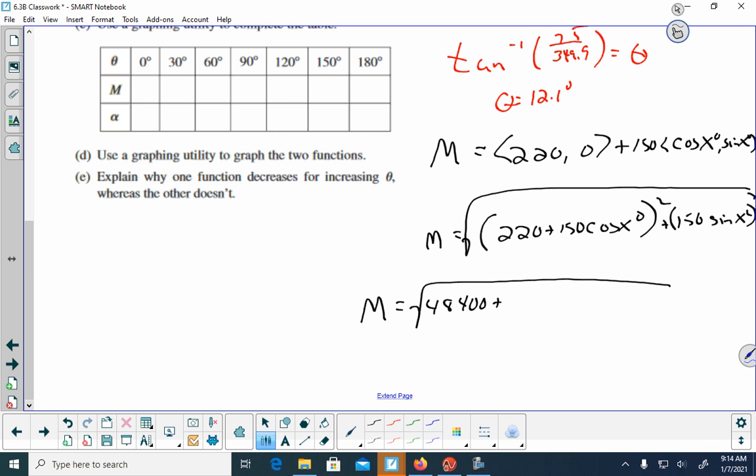Then my middle term will be 220 times 150, the two of those, so that's going to be 6,000 cosine of x. And then I'm going to have 150 squared, plus 150 times the sine of x.